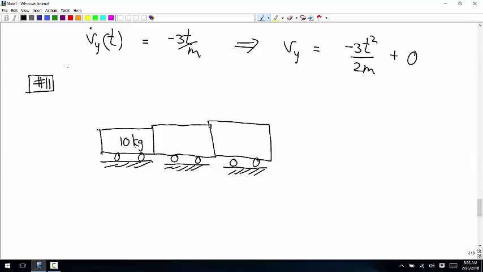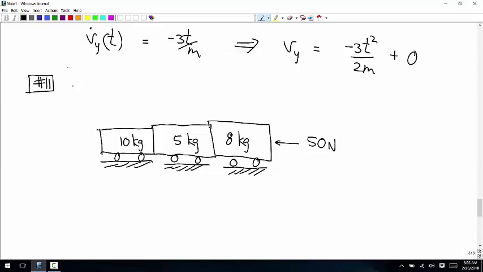So this one's 10 kilograms on the left, 5 kilograms in the middle, and 8 kilograms on the right. And then there's a 50 Newton force on the right. So what's the acceleration of the 3 carts?